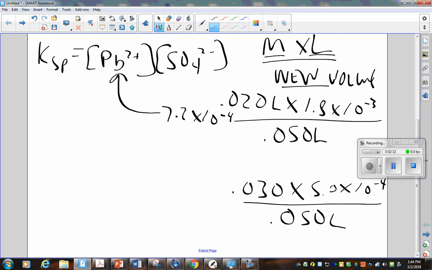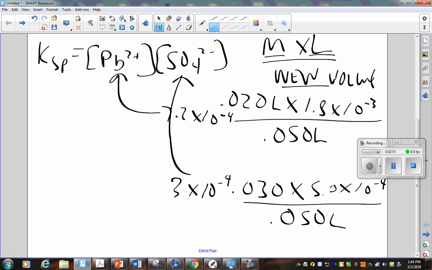So I go 0.030 times 5.0 E negative 4, divided by 0.05. I end up with 3.0 times 10 to the negative fourth. That's going to go there.